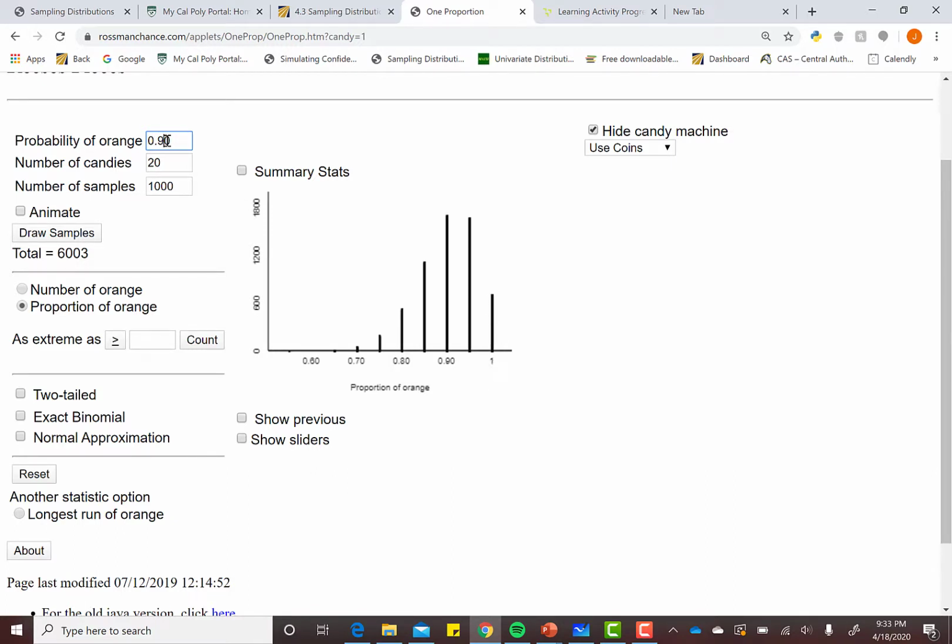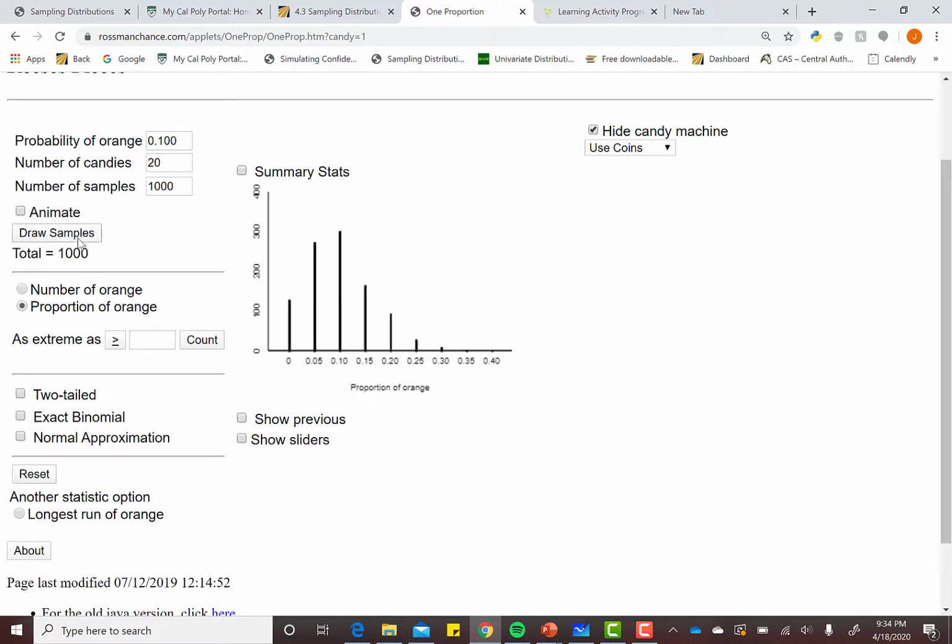If we switch this to 10%, we would have the same exact process. Now our boundary is at 0. We can't have a proportion less than 0. So it's going to form a skewed distribution. Our mean is going to be at 0.10, but we're going to have a skewed distribution.